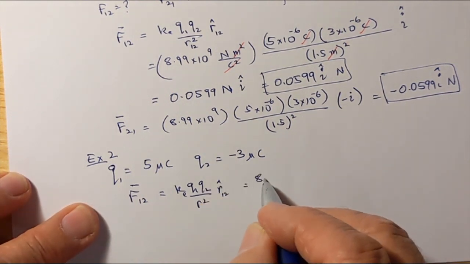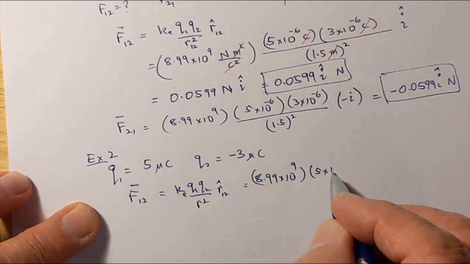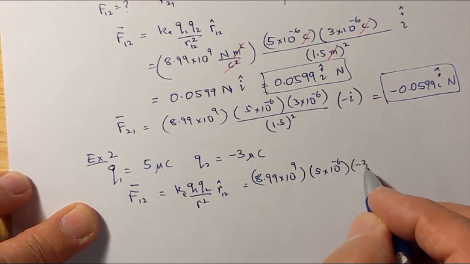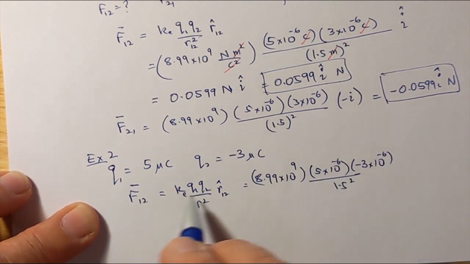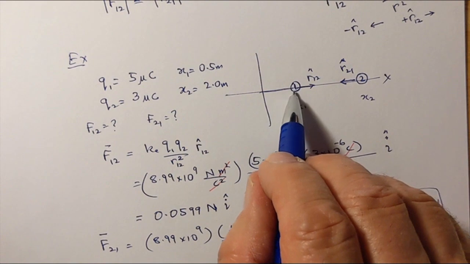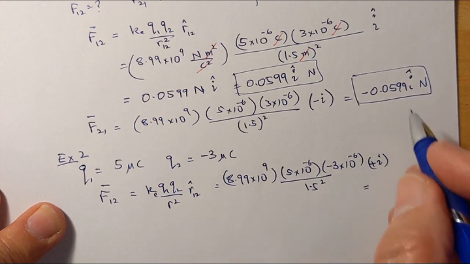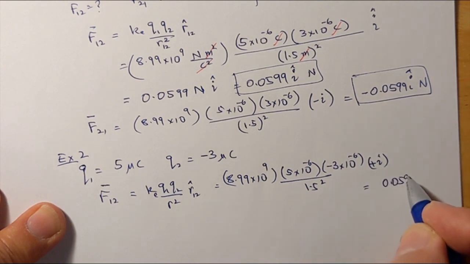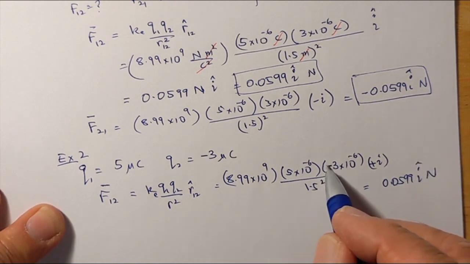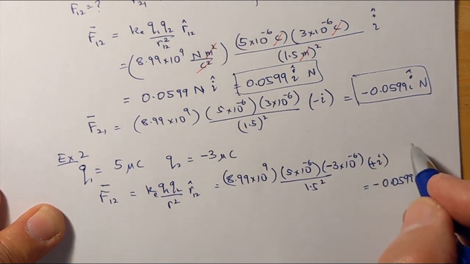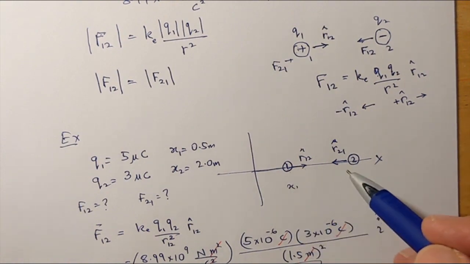That's going to be 8.99 into 10 to the power 9, and 5 10 to the power minus 6 and minus 3 into 10 to the power minus 6 over 1.5 square, and the direction vector r12 is this way, so it's plus i, and we will get an answer of 0.0599 i newtons, and we have this minus sign here, so it's negative, which means that the force is going to be to the left. So if this were positive and this were negative, the force would be to the left.